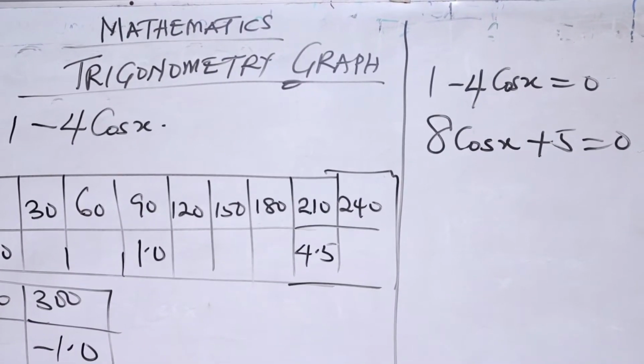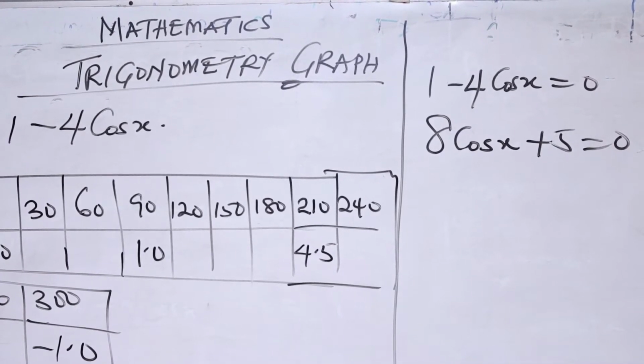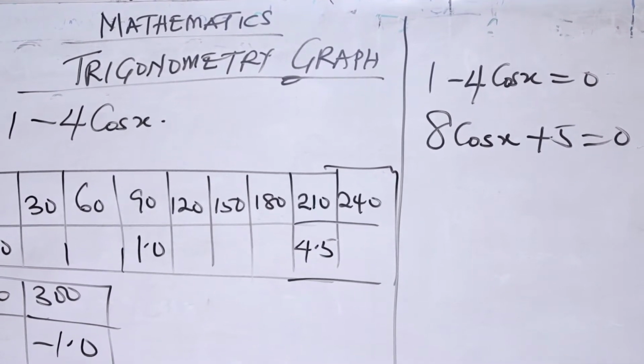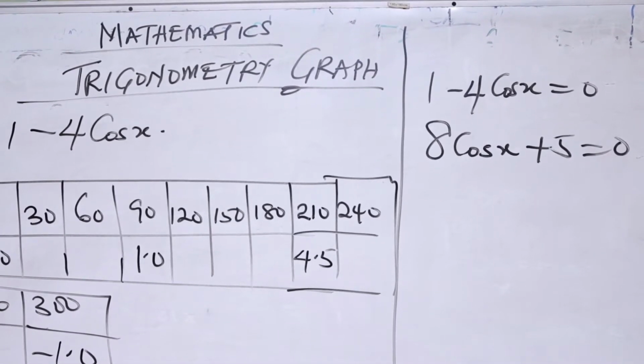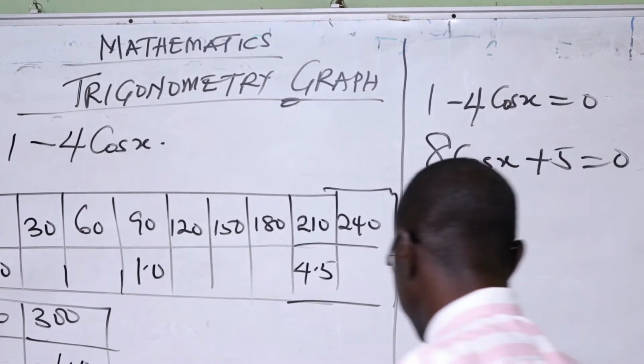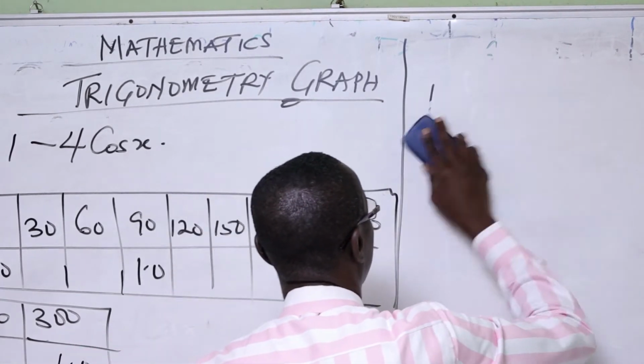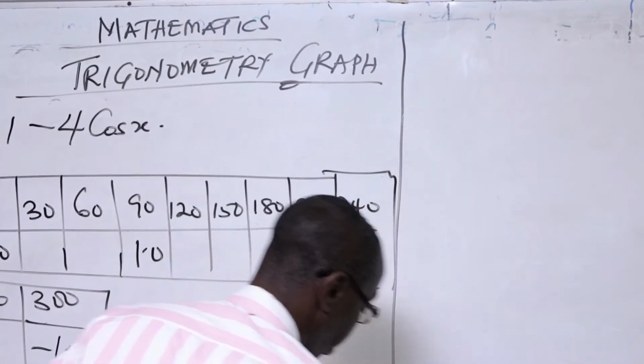Can we quickly complete this table? Any problem? Can we quickly complete this table so that we can now turn our table to graph?